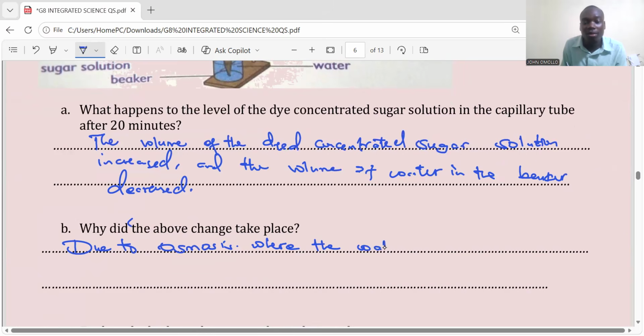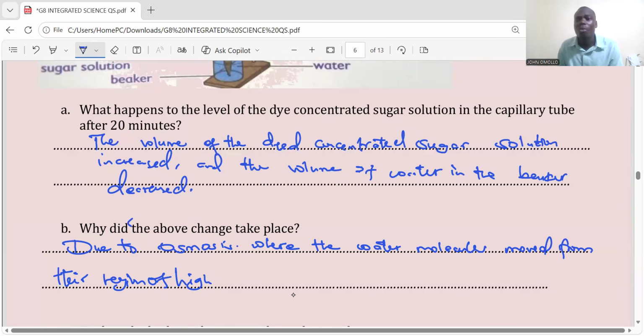So we can say, due to osmosis, the water molecules moved from their region of high water concentration. We must mention high water concentration. Without high water concentration, we are not talking about osmosis.